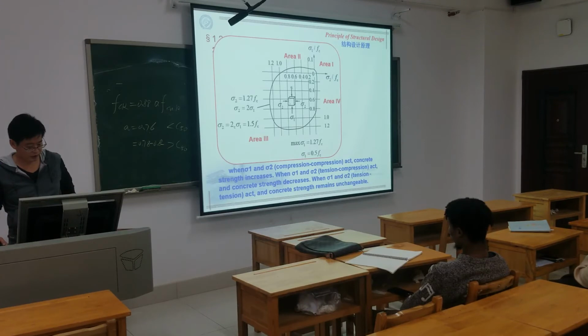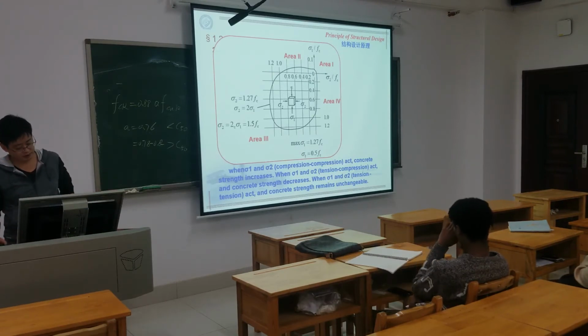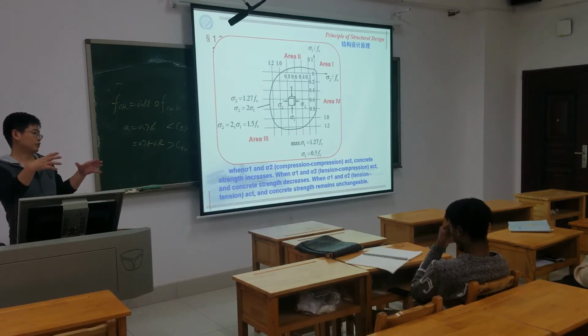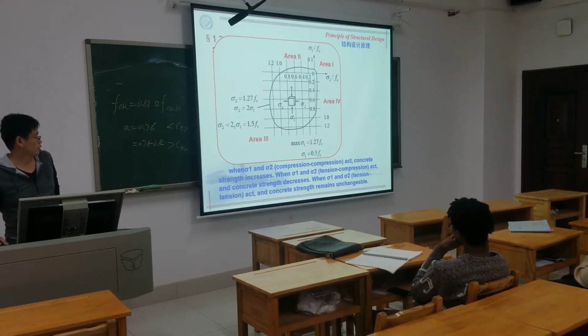So this is the cube, and on both sides sigma 1, sigma 2. When sigma 1 and sigma 2 are both in compression, then the concrete strength increases. That's like putting the concrete in a steel cube, then the concrete strength will increase.